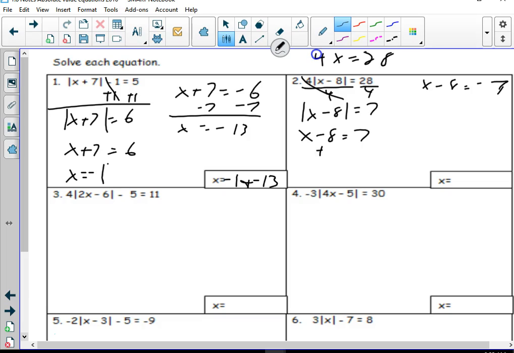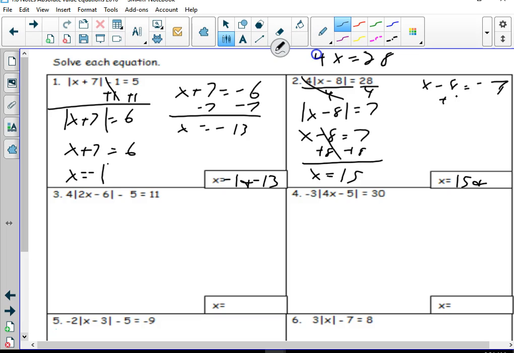Now, I'm going to add 8 to both sides. Simple one-step equation. Cancel, x equals 15. I'm going to check my work. 15 minus 8 is 7. The absolute value of 7 is 7. Times 4 is 28. Good to go. So I know I have my first answer of 15.